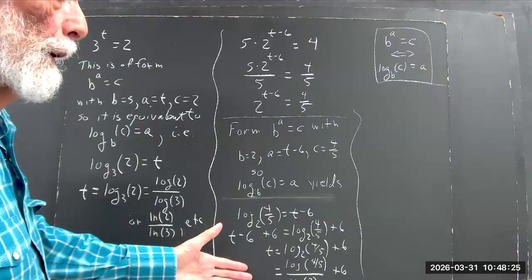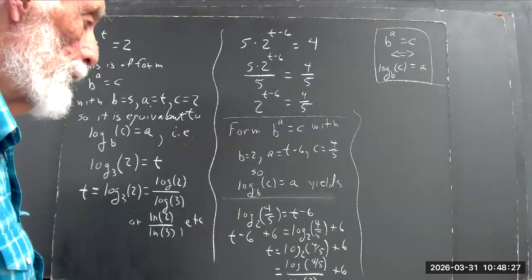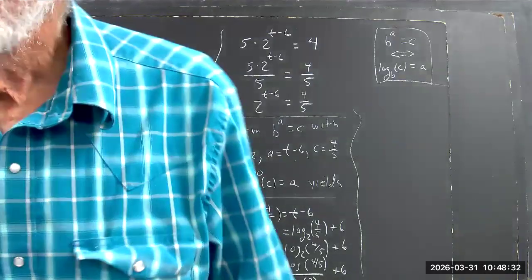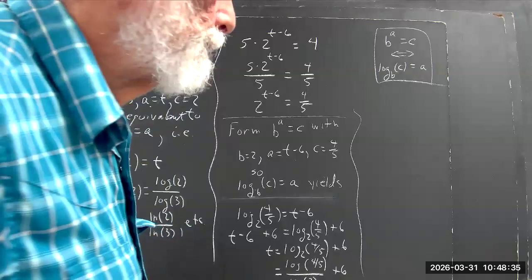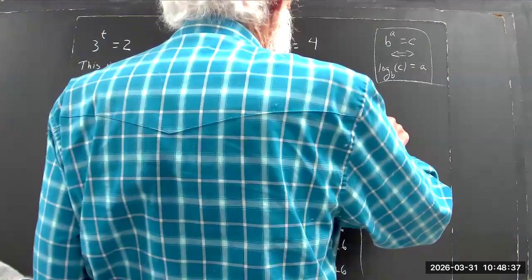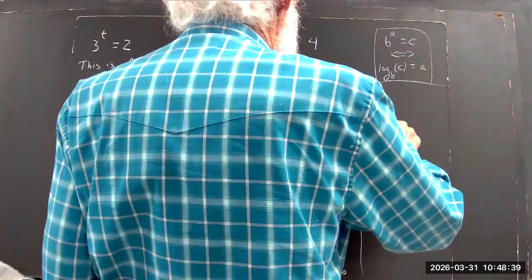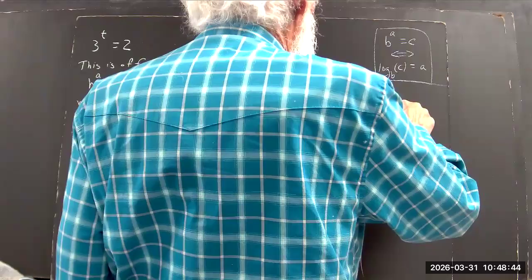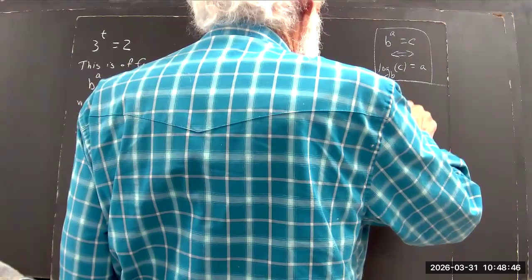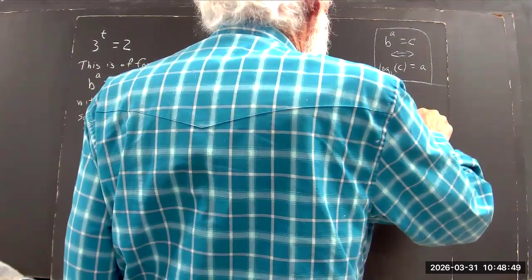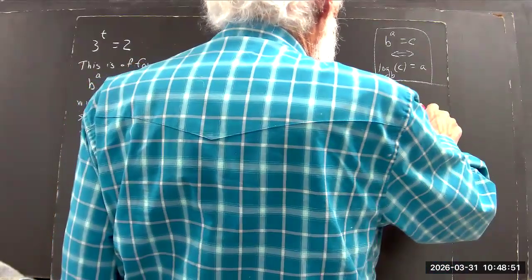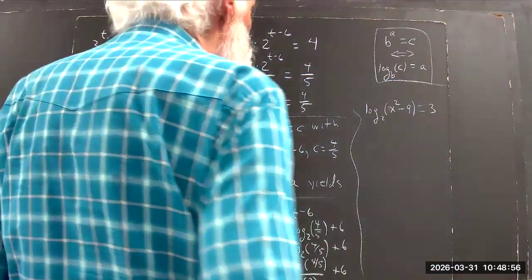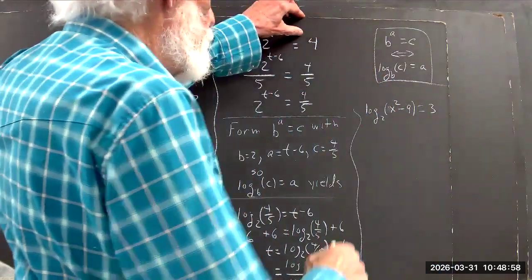It's a typical way of solving an exponential equation. You can also solve logarithmic equations. Okay, if I have log base 2 of x squared minus 9 equals 3, well, that's of the second form.